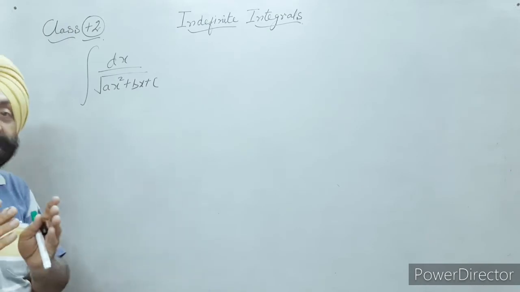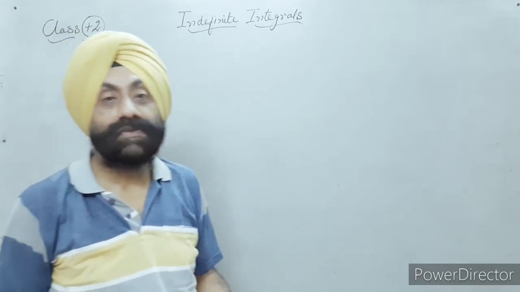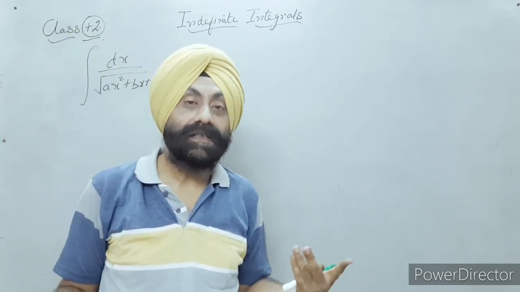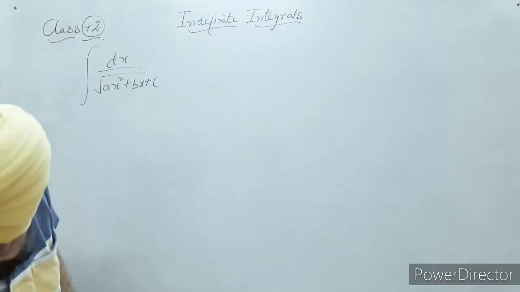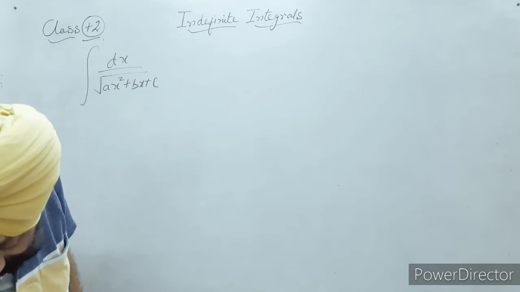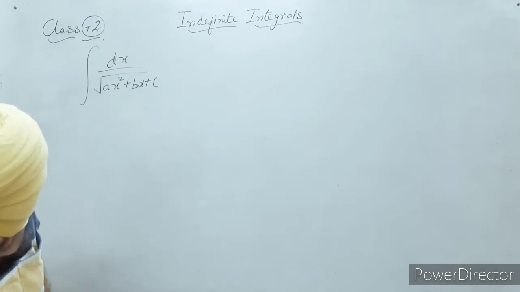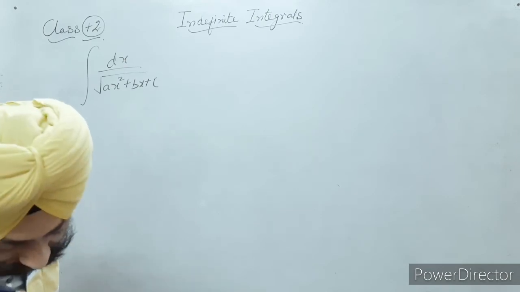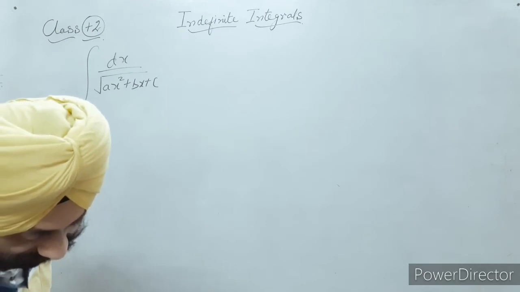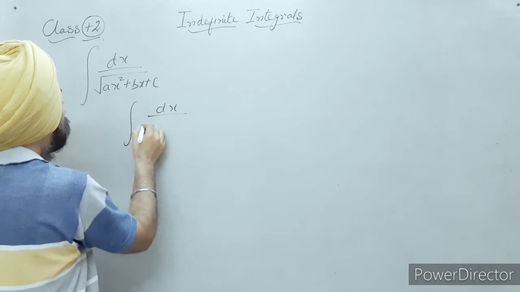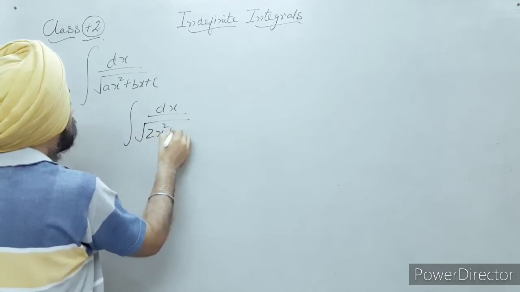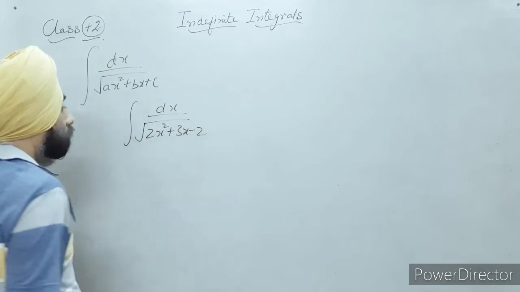Then make it a perfect square and apply one of those formulas which we have written in the beginning of this lecture. Now, say the question is dx upon under root of 2x square plus 3x minus 2.